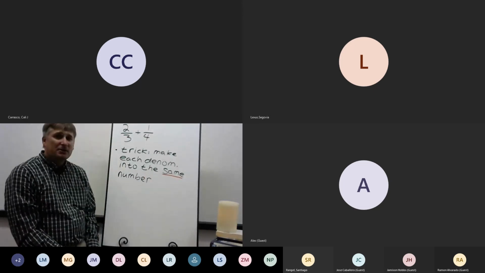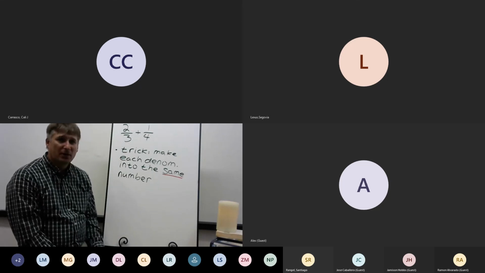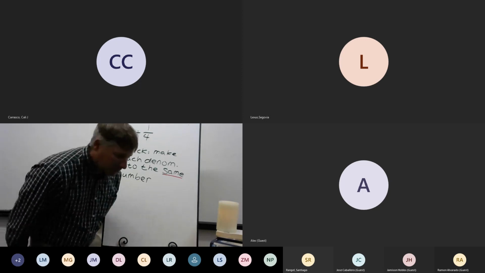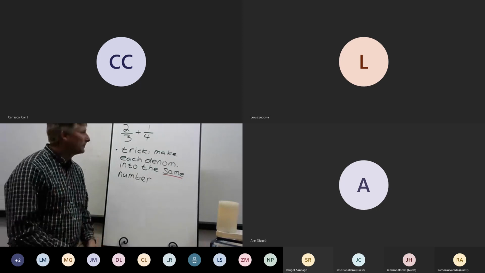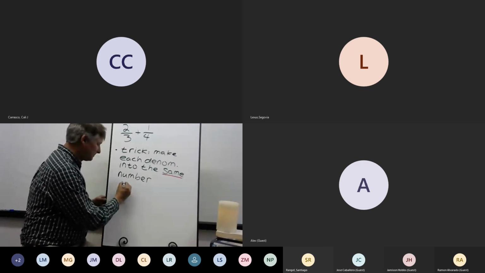We want to make each denominator the same. We want to turn each denominator into the same number. Now, there's lots of different numbers you can use, but the one I'm thinking of here is 12. So let's take 3.